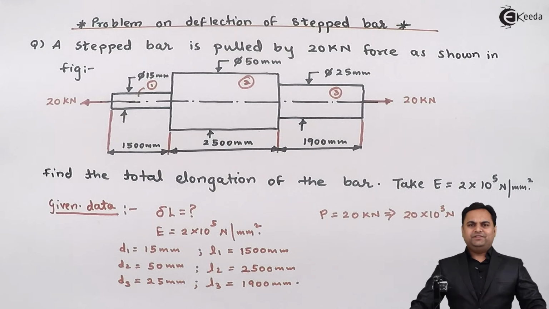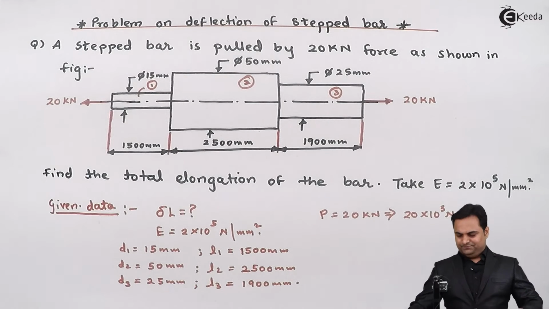Now let us try to get the solution for this problem. As diameters are given for the stepped bar, there are three different diameters. So using them, we can first calculate area of each of the section.